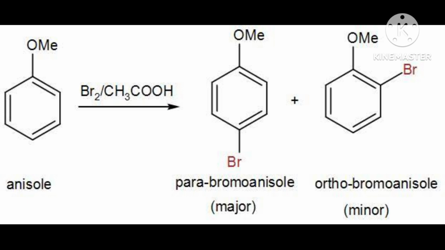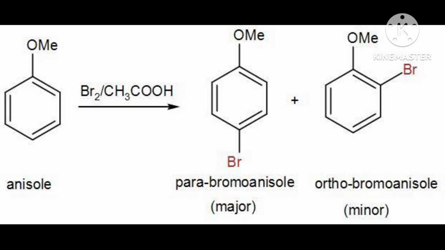After that, you know what will happen. The next carbon will have a negative charge, and the O and C bond will become a double bond, and O will have a positive charge because one pair of electrons is donated and the single bond became double. But in the ring the double bond with that carbon will break, to make stability, and the next carbon will have a negative charge.